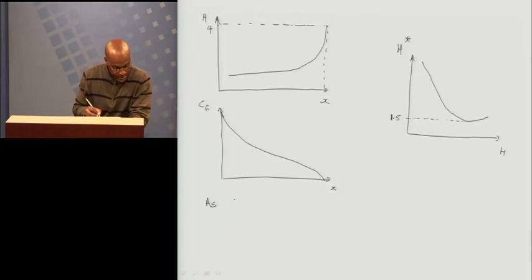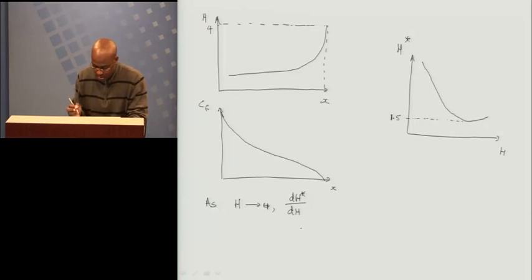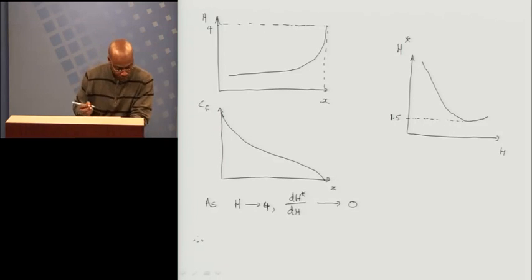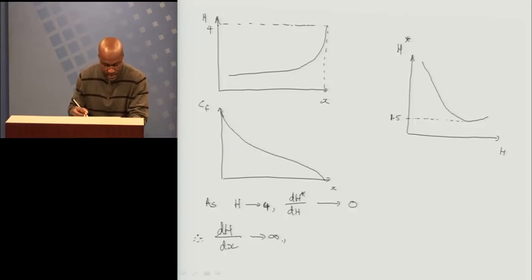So as H tends to fall, dH star/dH goes to 0, or should tend to 0. Therefore, as that tends to zero, dH/dx should tend to infinity.